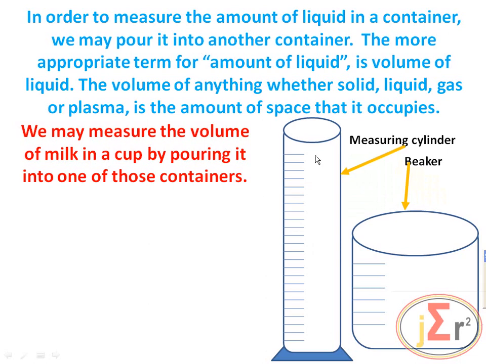So this one is a measuring cylinder, and this one is a beaker. So there is the milk in the container.